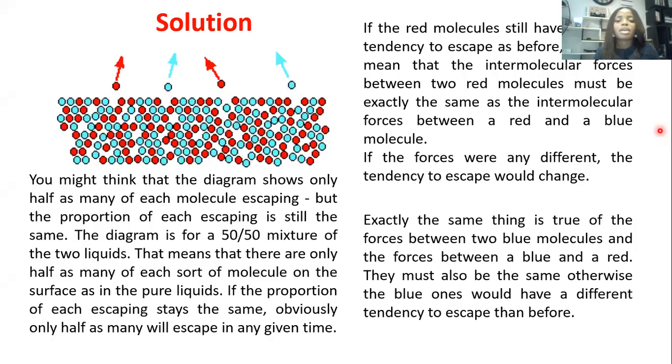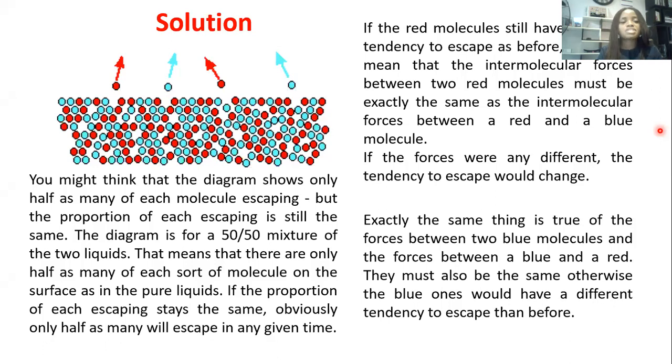If the forces were any different, the tendency to escape would change. Exactly the same thing is true of the forces between two blue molecules and the forces between a blue and a red. They must also be the same, otherwise the blue ones would have a different tendency to escape than before.